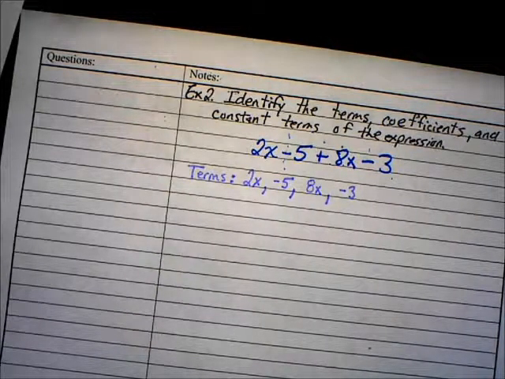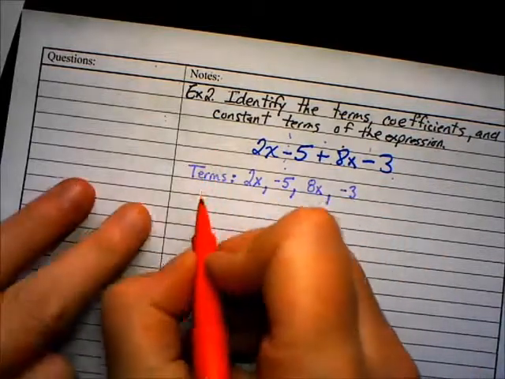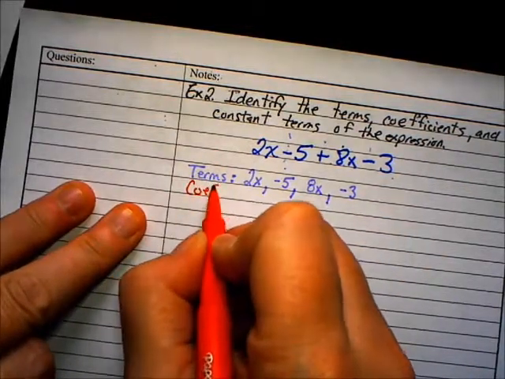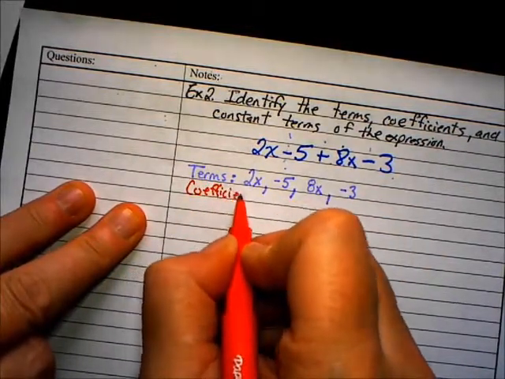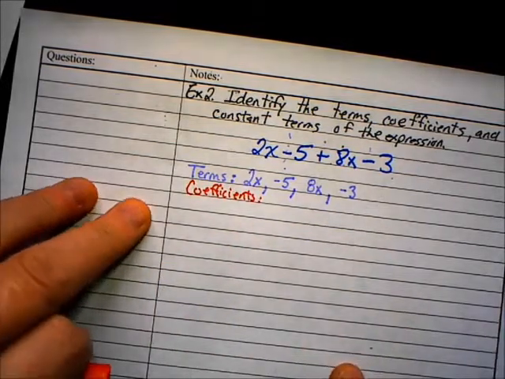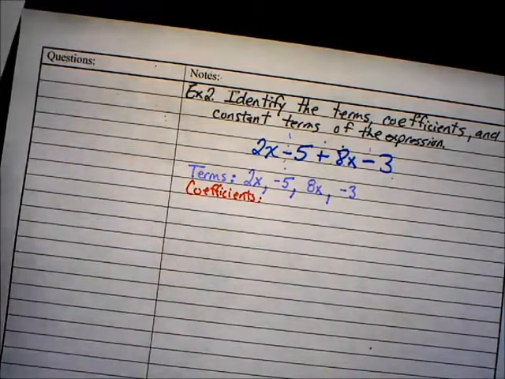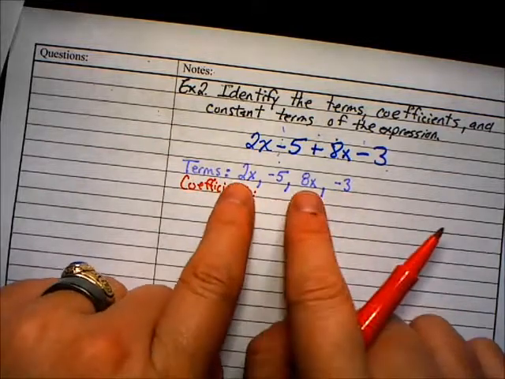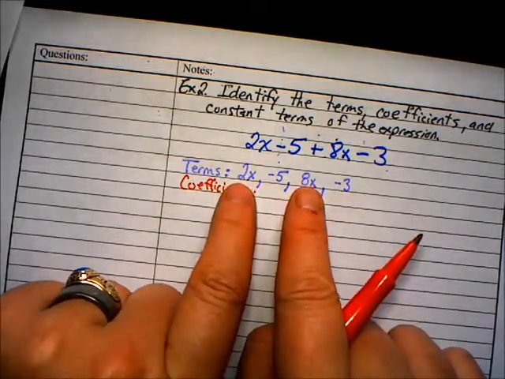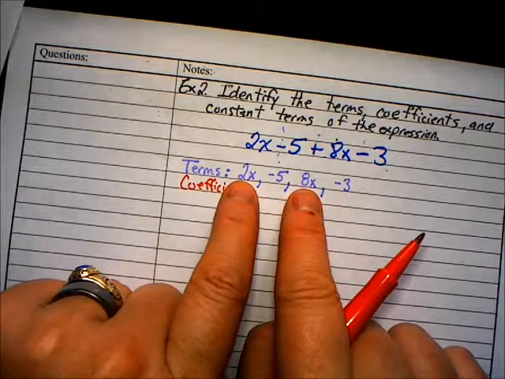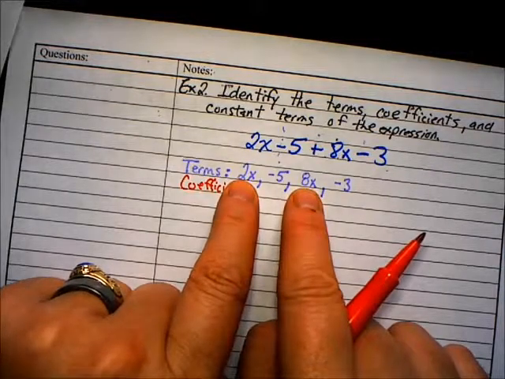Alright, next is coefficients. Okay, if I look at my coefficients, I'm looking at my terms, and I look at only the ones with letters. These two. So with the ones with the letters, I look at the number that's with the letter.